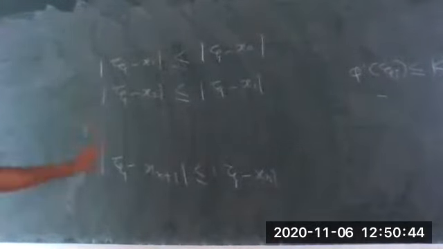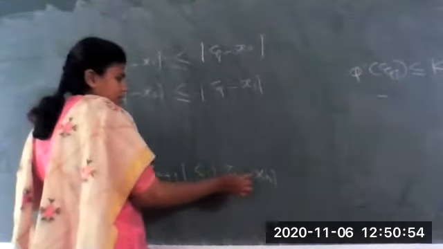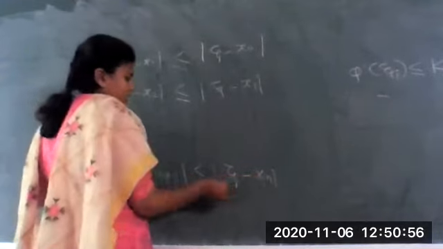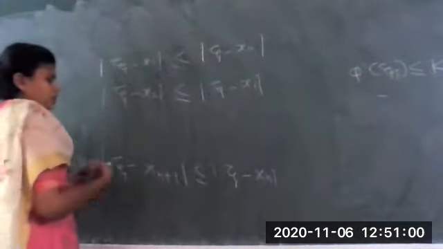These all equations show that each successive approximation will remain in the interval I. Why will it remain in the interval I? Because ζ is also in the interval I, x_n is also in the interval. So the difference between these two will be smaller and smaller.